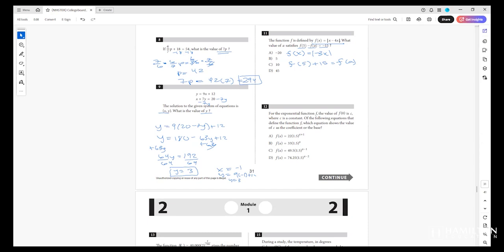Why would that be helpful? Well, by getting the variable by itself, it makes the left side just be numbers, which is usually easier to work with. Let's go through it. f of 5 means I plug in or substitute 5 in for x. And so this is going to be the absolute value of -15, which is going to be just regular 15.